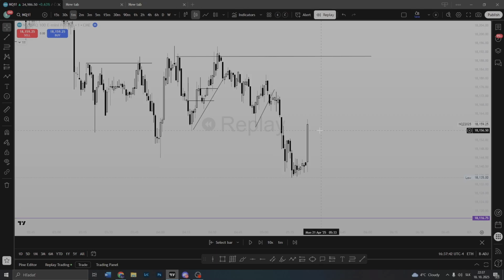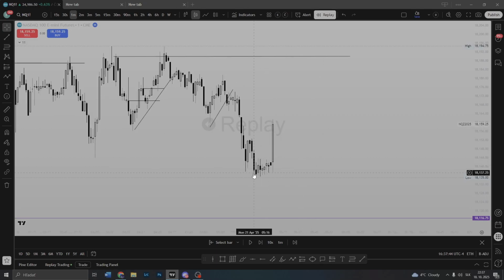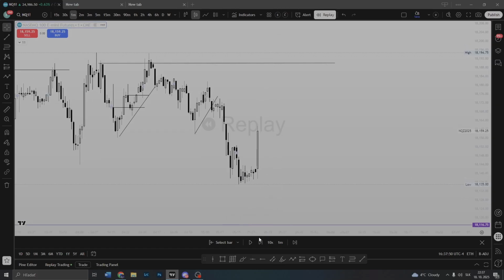Okay, so right now we are creating CISD. I don't like the stacked lows right here, so it's not screaming at me right now, so just wait. Sub at the highs.